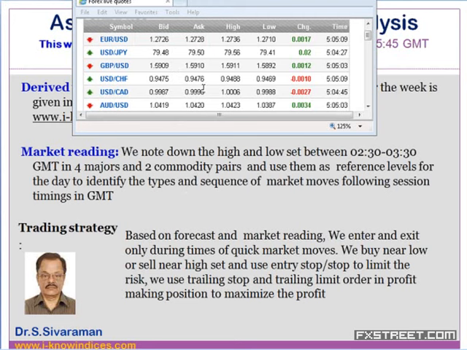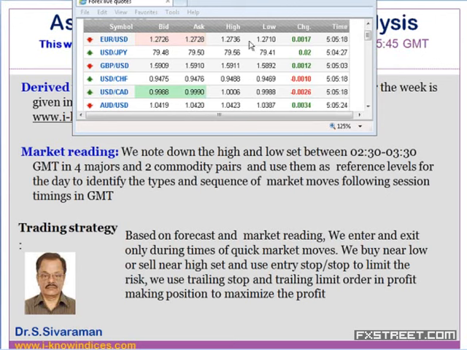So we follow the majors and the commodity pairs during early and late sessions. During the mid sessions, if you are not trading in the majors, then you can just take rest or just watch the market. If you are taking positions in the crosses, then mid sessions will be useful.